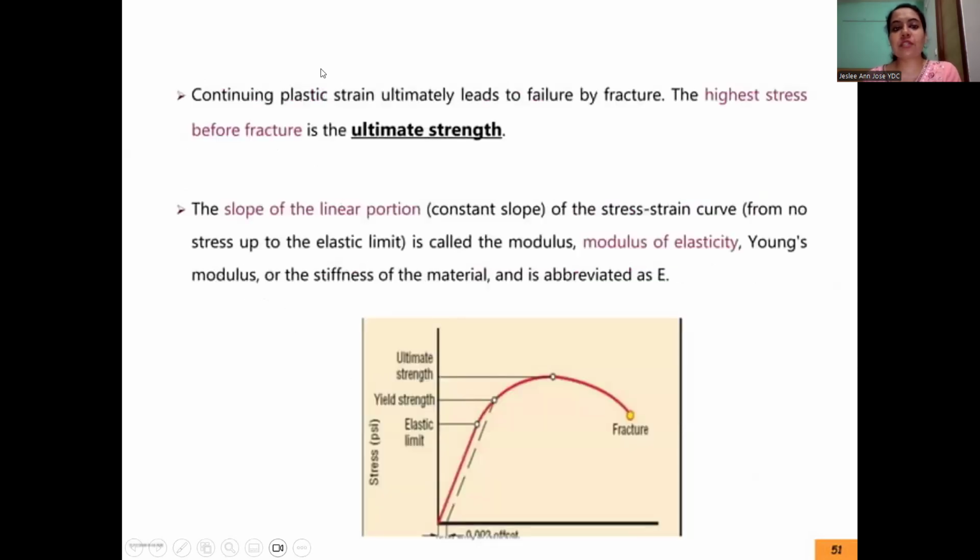Now the maximum strength a material can resist before it fractures, that is the ultimate strength. So whichever material of choice we opt for, we need to know the ultimate strength, as in how much strength can the material bear before it fractures.